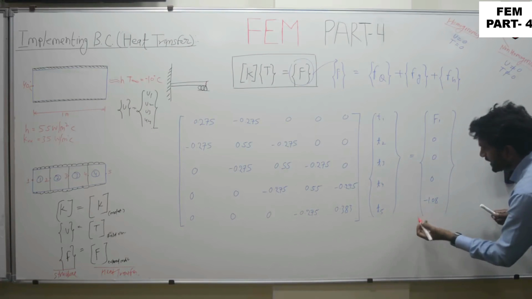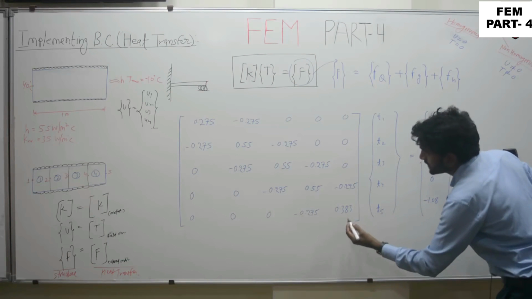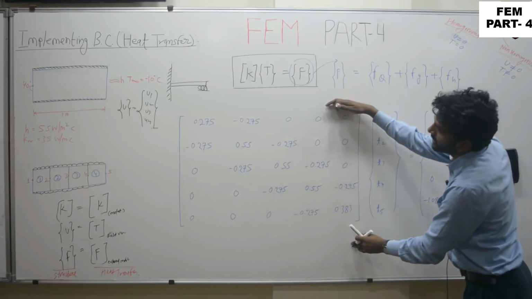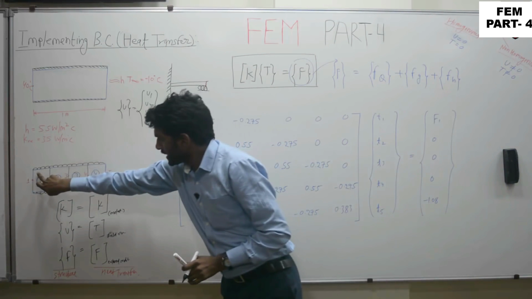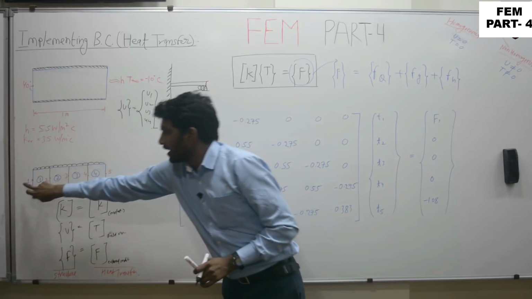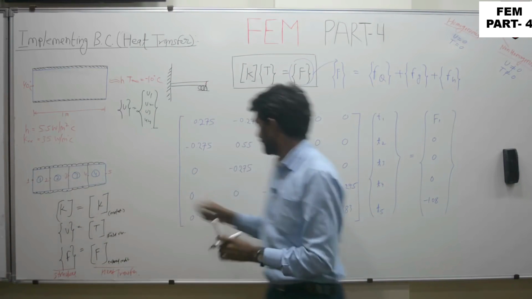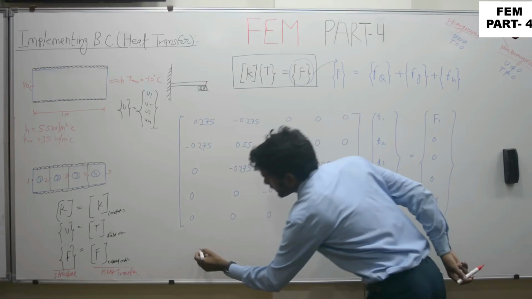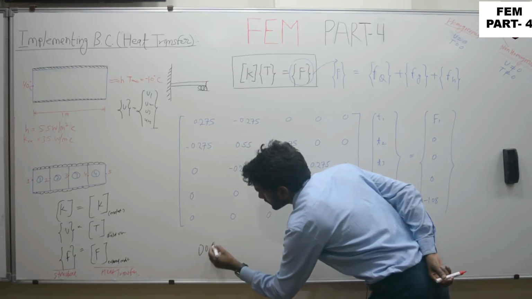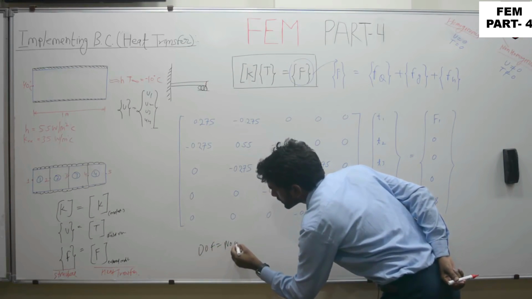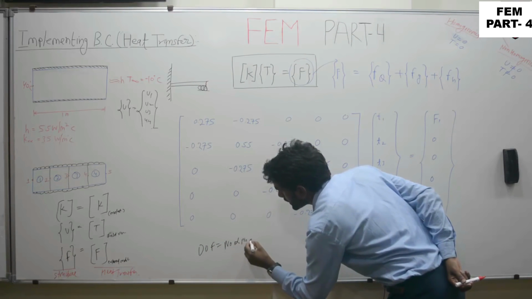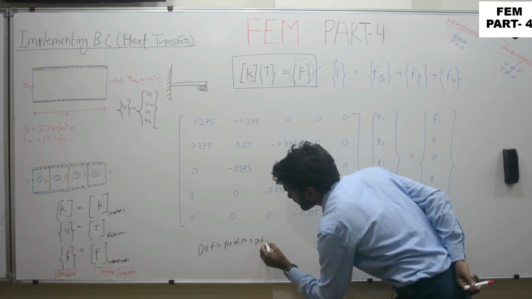You need to specify the size of these. So what will be the size? Because we had taken 4 parts and 5 nodes, how many degrees of freedom? Degrees of freedom would be the number of nodes times the degrees of freedom per node.